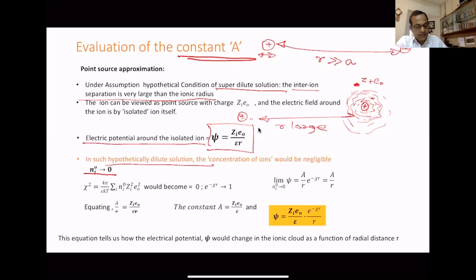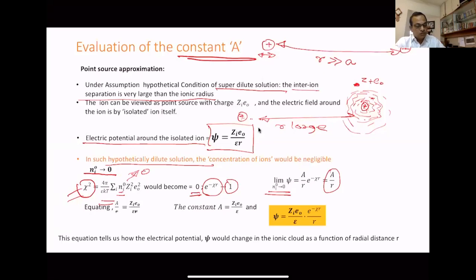If that is so, then my chi square, which is nothing but 4 pi upon epsilon kT times ni0, has ni0 tending to 0, so my chi also tends to 0. Since chi tends to 0, e raised to minus chi r tends to 1. So at the limit of the super dilute condition, my psi will become a by r.